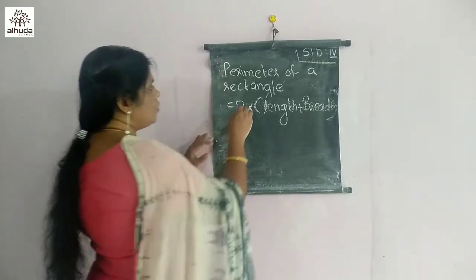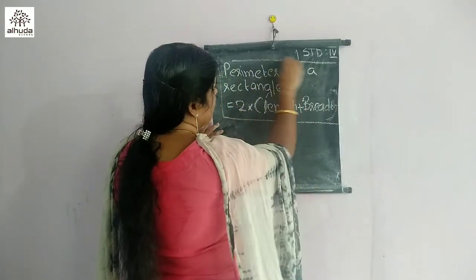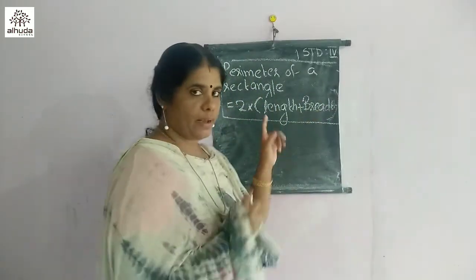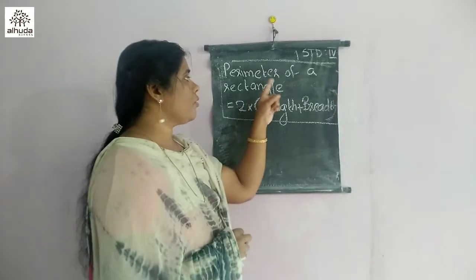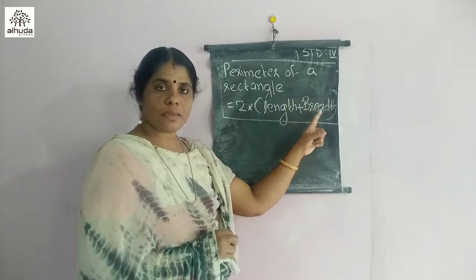So this you should learn by heart. Perimeter of a rectangle is equal to 2 into (length plus breadth).